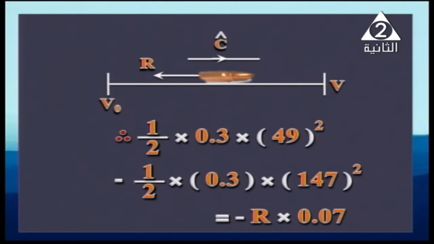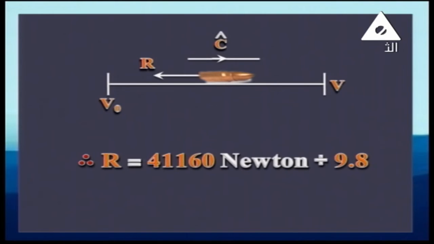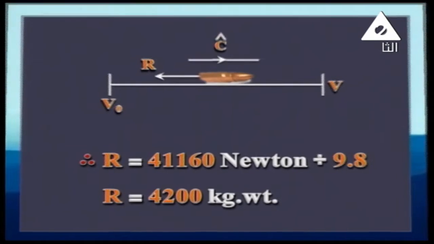Why? My dear student, R is opposite to the motion direction. Then the resistance equals 41,160 newtons divided by 9.8 to convert to kilogram weight. The answer is 4,200 kilogram weight. This is the resistance. Look at another example.